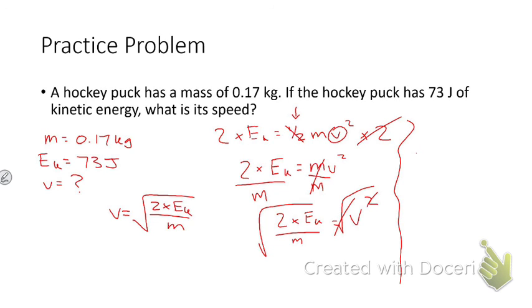We know our mass, we know our kinetic energy, so we can just substitute these into our formula. So v is equal to the square root of, and again, be careful when you're entering this into your calculator, I would go 2 times 73 joules divided by your mass, which is 0.17 kilograms.